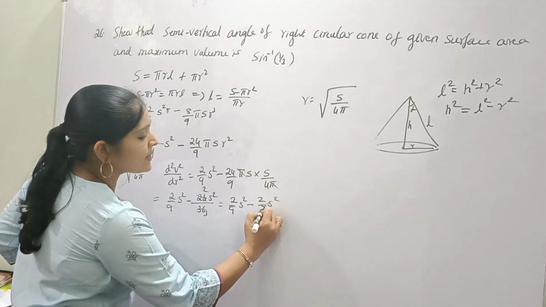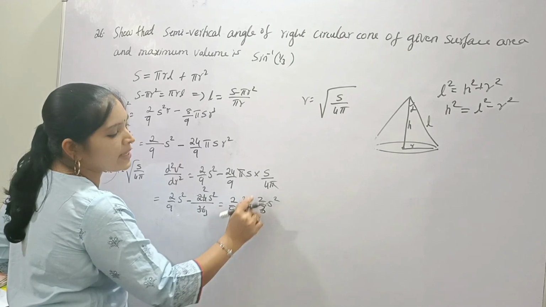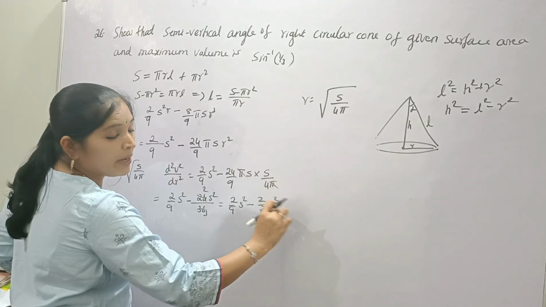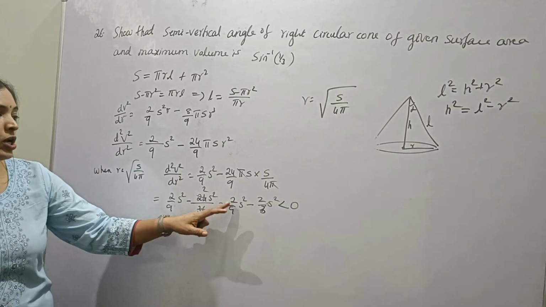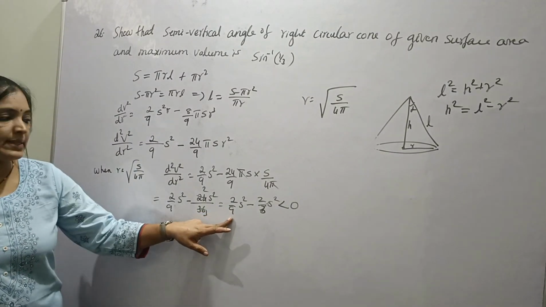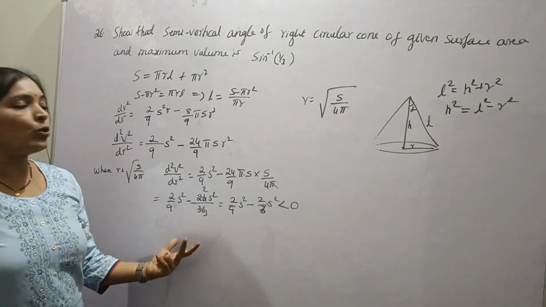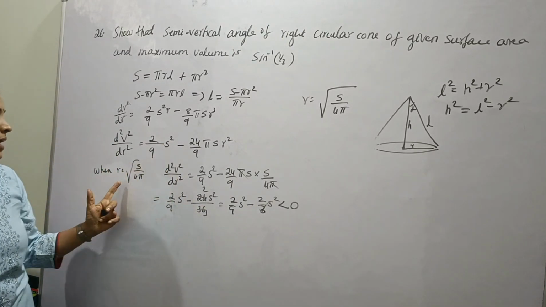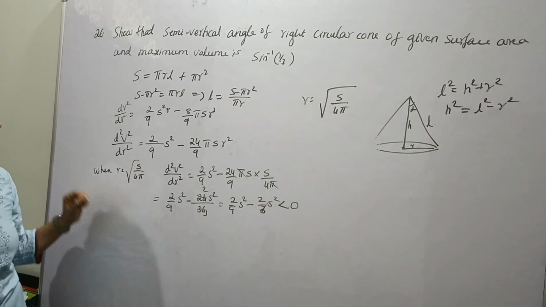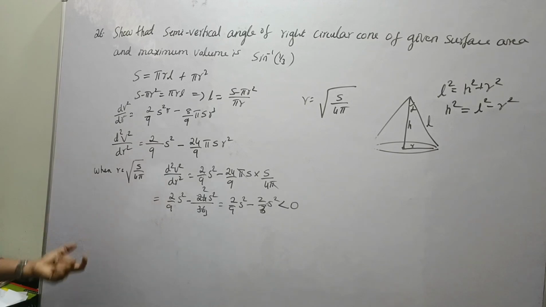Therefore it is minus, because a small number minus a greater number is always less than 0. Because 2 by 9 is less than 2 by 3, therefore it is less than 0, and now it is proved that this volume of the cone is maximum when r is equal to square root of s divided by 4 pi.